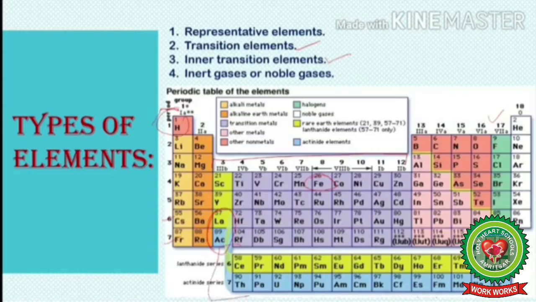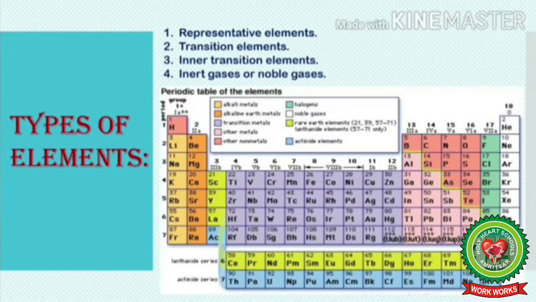These elements, the lanthanide and actinide series, are called inner transition elements, and their main characteristics are that they are heavy metals, have high melting and boiling points, show variable valencies and form colored ions, and actinides are radioactive elements. Some of these actinides are prepared in special laboratories.